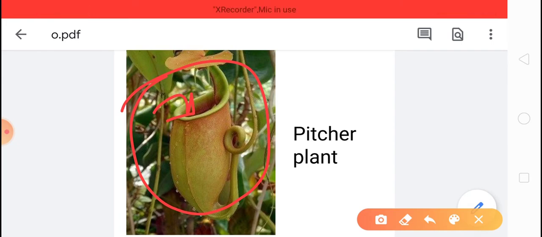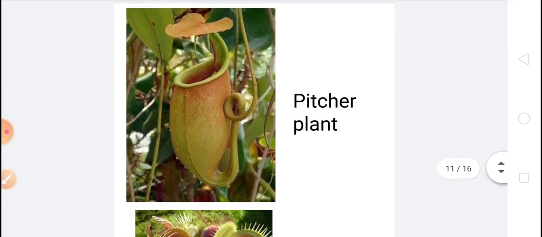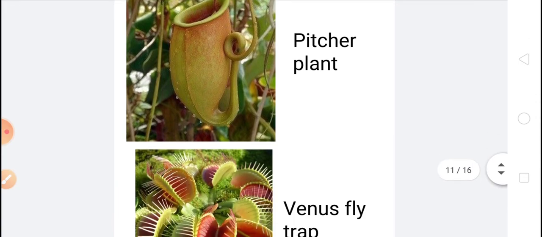From that insect the plant gets its nutrition.